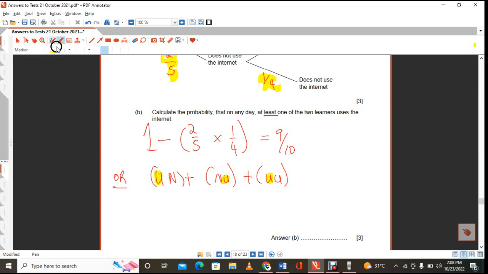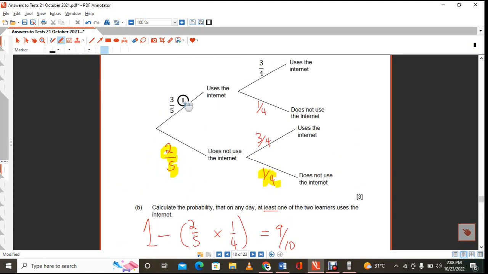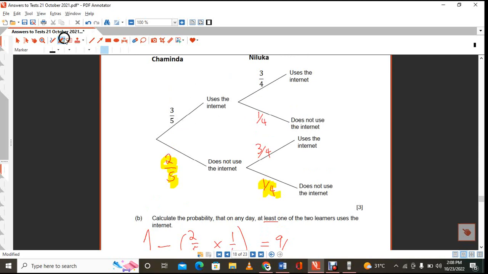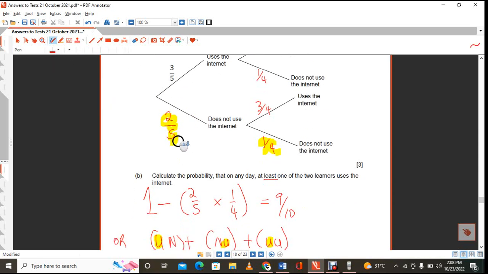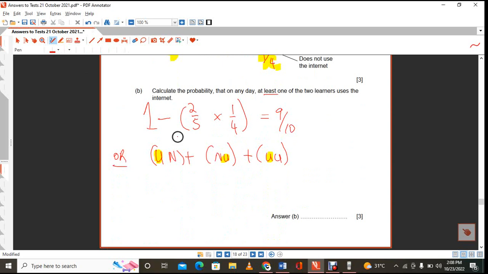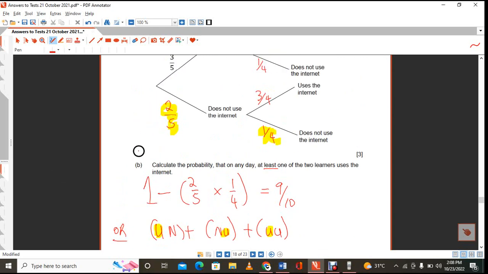So if you go back to your tree diagram, for using and not using, that's going to be 3 over 5 times 1 over 4. So I'm going to write that down. So that is 3 over 5 times 1 over 4 plus not using, that is 2 over 5, not using, and using times 3 quarters.